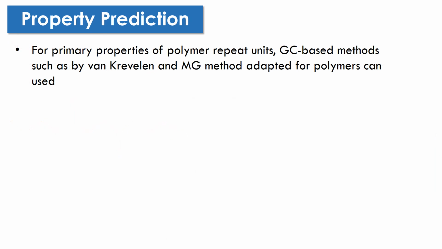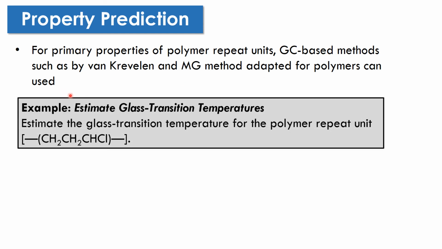Okay, and this is another example for polymer repeat unit. For primary properties of polymer repeat unit, GC-based methods such as Van Krevelen and the Murray-Rogani method adapted for polymers can be used. For example, we need to estimate the glass transition temperature. This property is specifically for polymers.